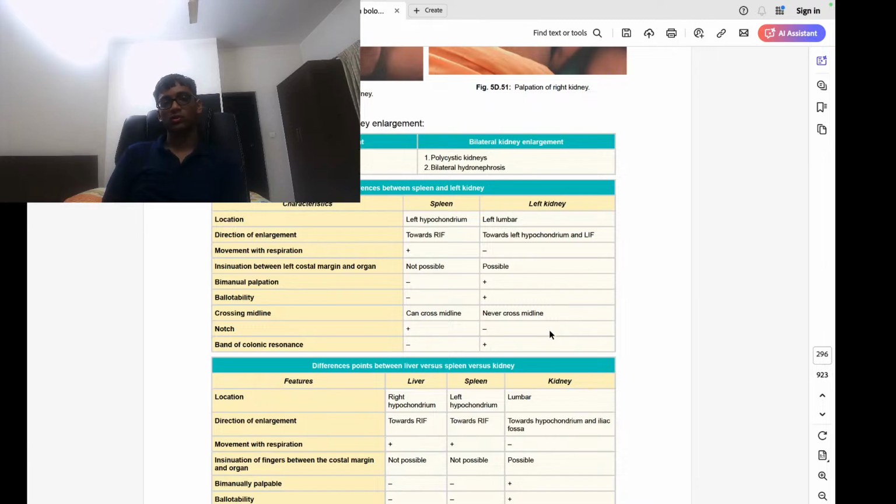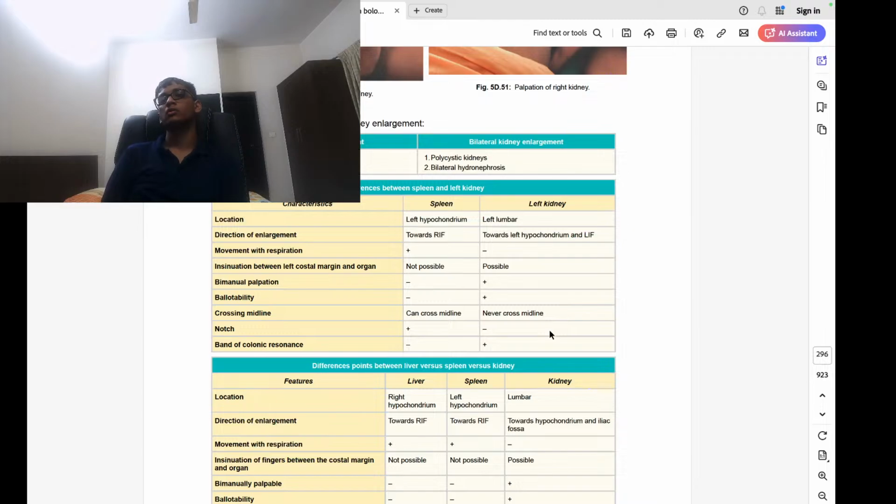Renal cell carcinoma, hydronephrosis. Bilateral is polycystic kidney disease, bilateral hydronephrosis. Renal cell carcinoma is usually unilateral, while polycystic kidney disease is caused by a gene, the PKD gene, I think, so it is a genetic problem.